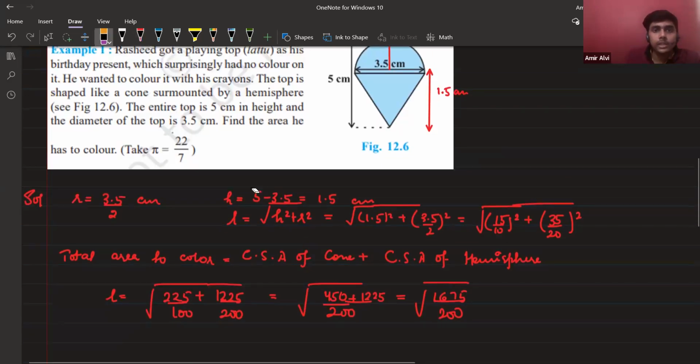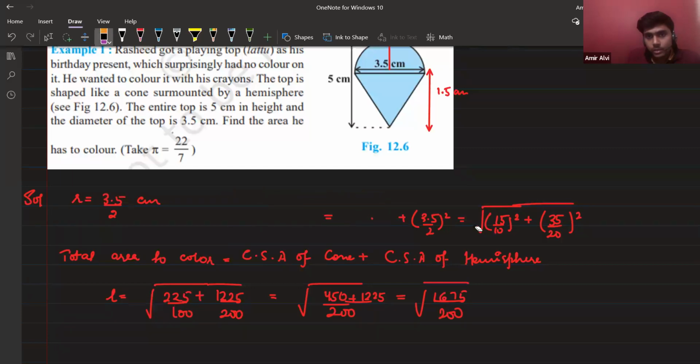I made one mistake here. It will be 3.5 by 2. So 3.5 by 2 will be 1.75. I have to take the calculations again. I didn't notice this thing.